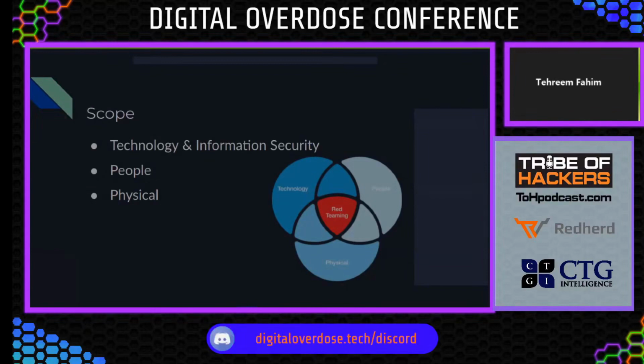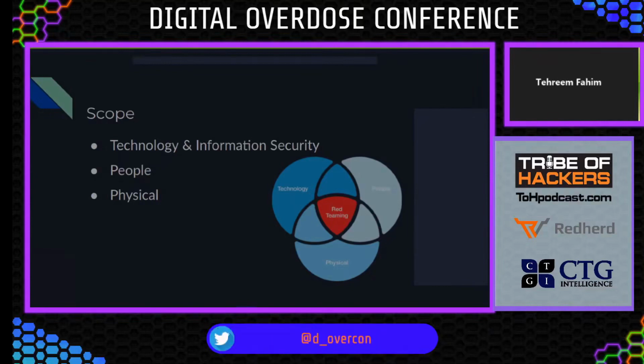For example, networks, routers, switches, appliances, applications, sensitive data, etc. And also, it includes people like staff, independent contractors, departments, business partners, etc. Basically, it includes all aspects of social engineering. While the physical part includes offices, warehouses, substations, data centers, buildings, etc. Now the scope is clear, I hope.